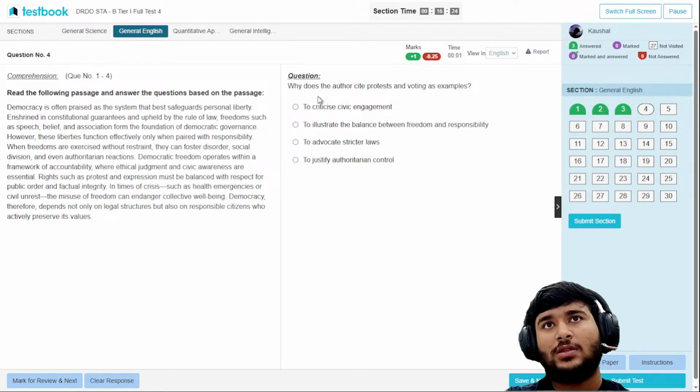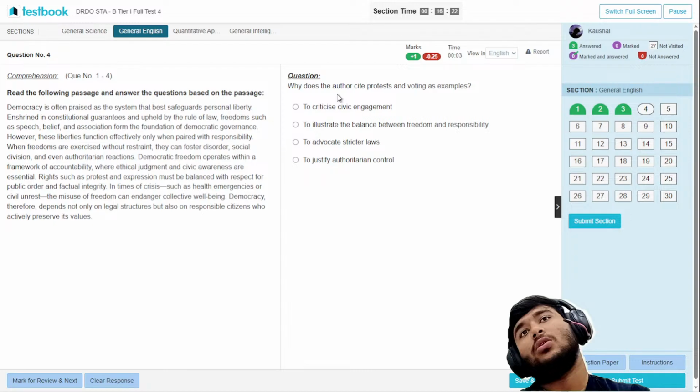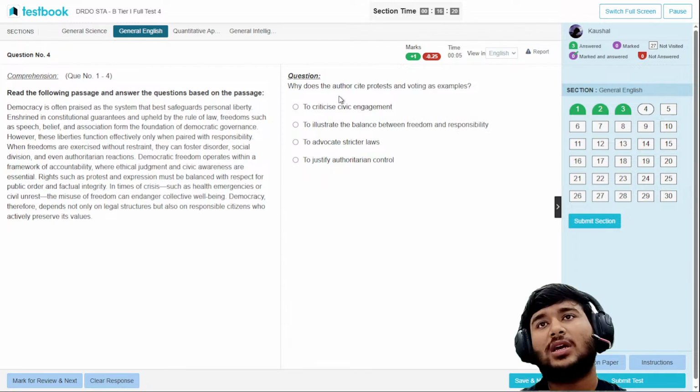Why do the authors cite protest and voting as examples?